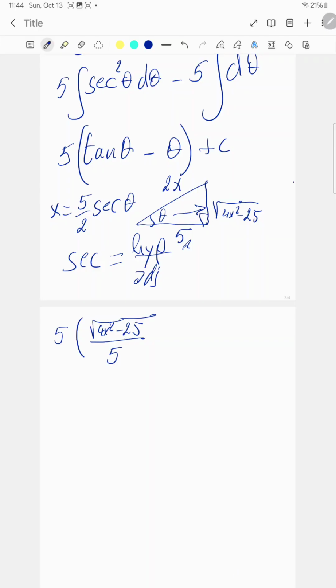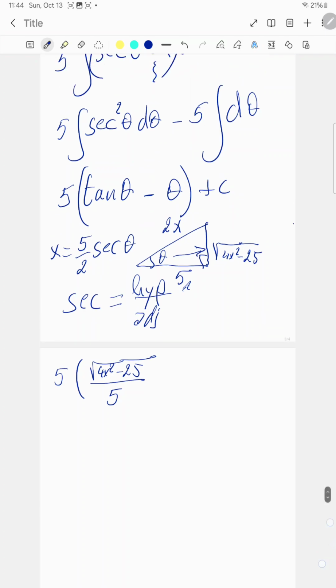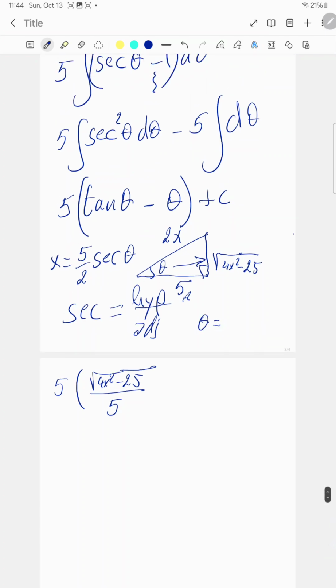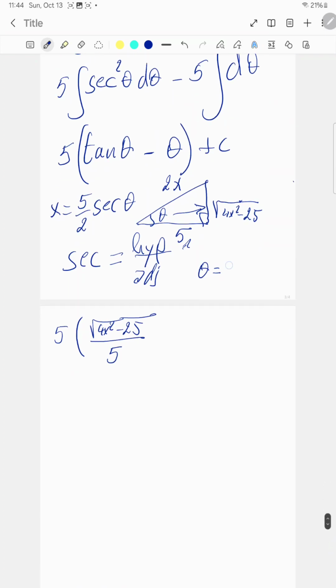This is the tan of theta, and my theta is equal to cos minus 1 of 5 divided by 2x.